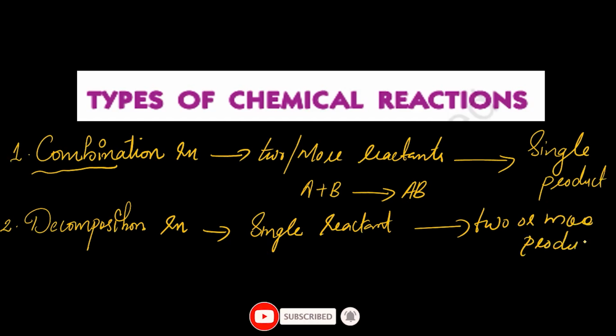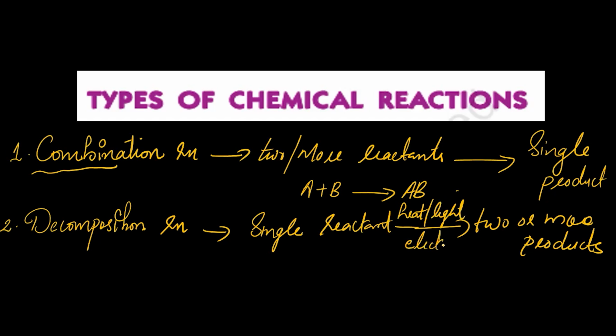A reactant cannot break itself, right? So you have to apply some energy here in the form of heat, light, or you have to pass some electricity. So the reactant will break down and it will form 2 or more different products.